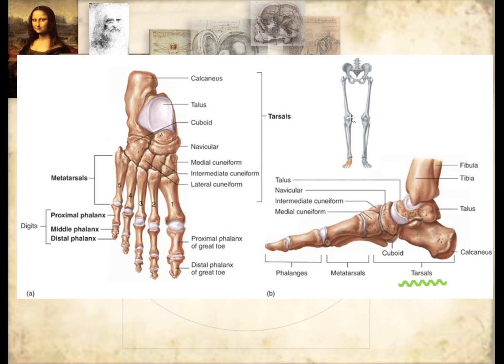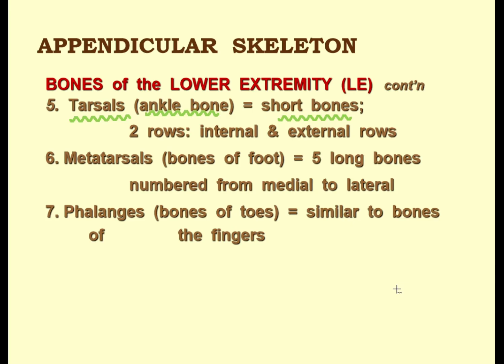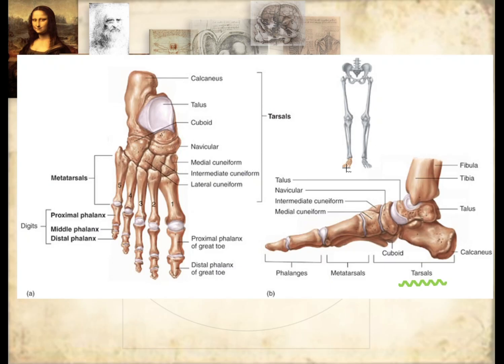Generally it has two rows, one internal and the second external. You can see here, right?